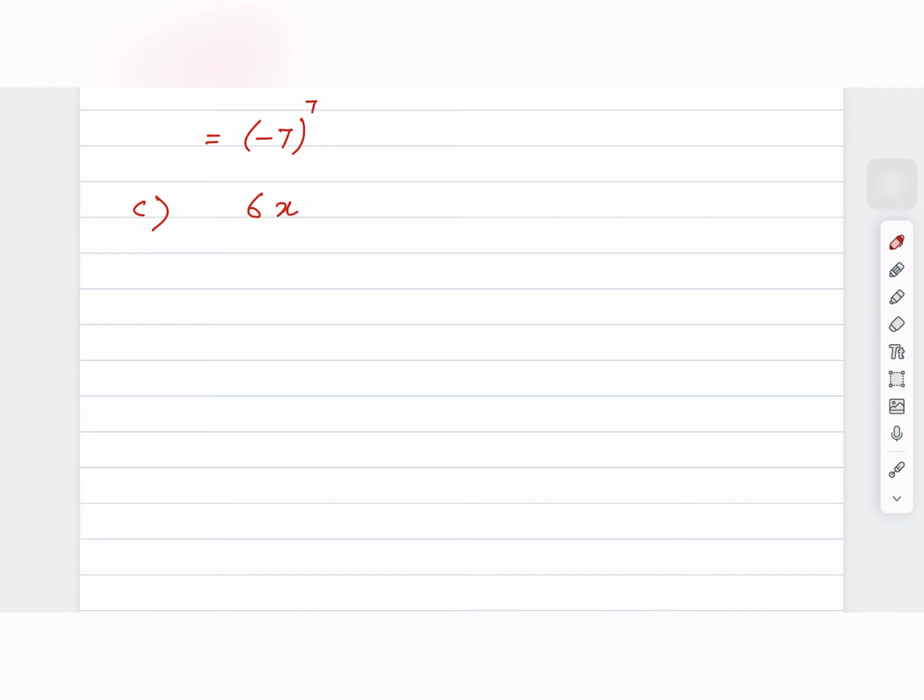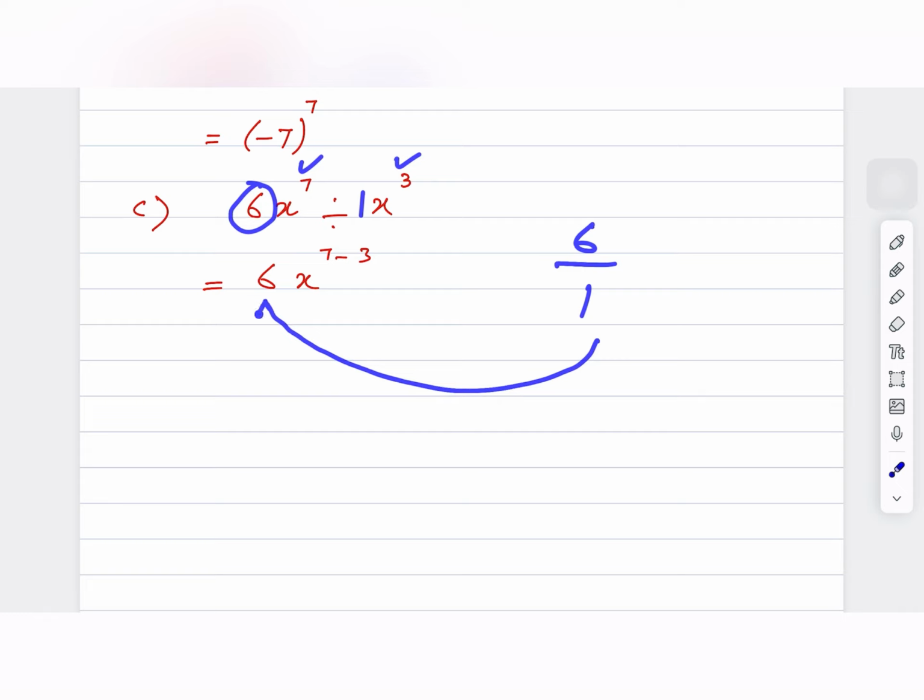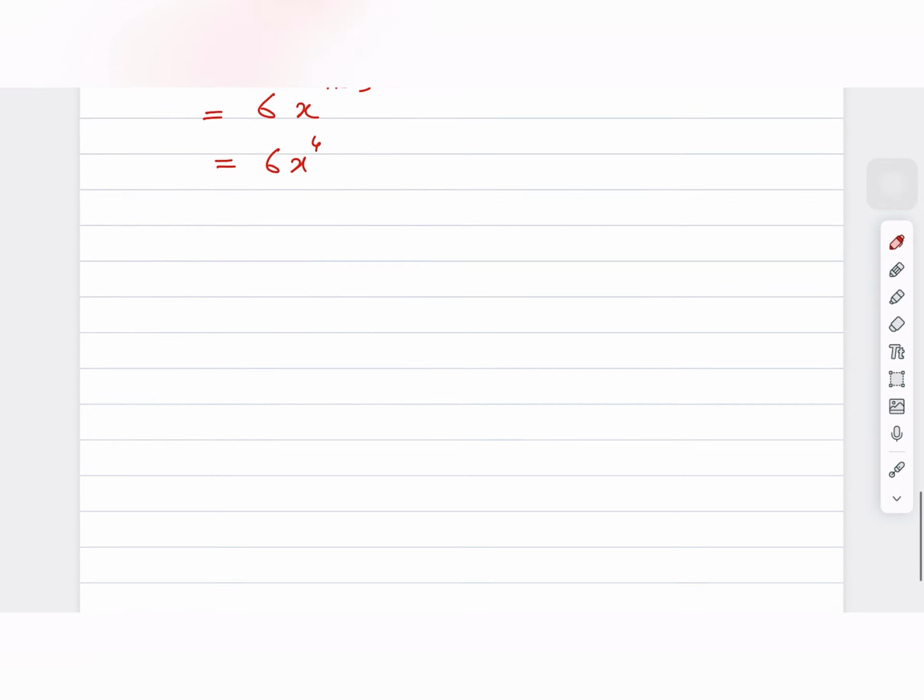C part is, if you have 6x power 7 divided by x power 3, so 6 times 1 is 6, and you will subtract the powers because there is a division sign in between. Coefficient of x cube is 1, so 6 divided by 1 is 6. So your final answer is 6x power 4.